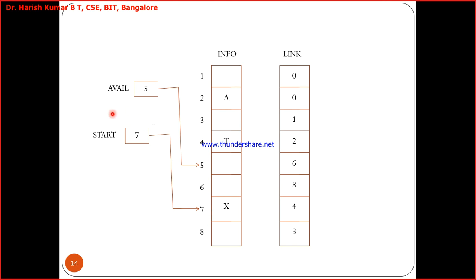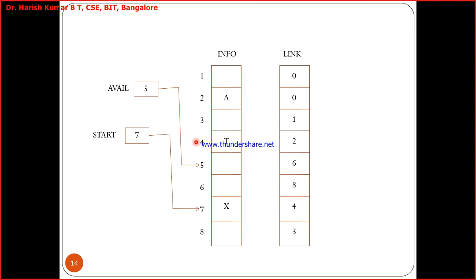I have the start, whose address is 7, and it is holding the info field X, and it is pointing to the next node, address 4.